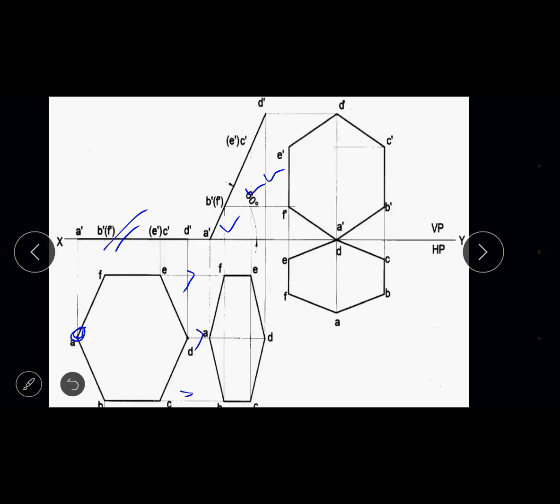Now coming to the third step, as I told you, the corner D of the hexagon is the corner which is placed opposite to the resting corner A. A is the resting corner of the hexagon, and corner D is the corner placed opposite to the resting corner A.